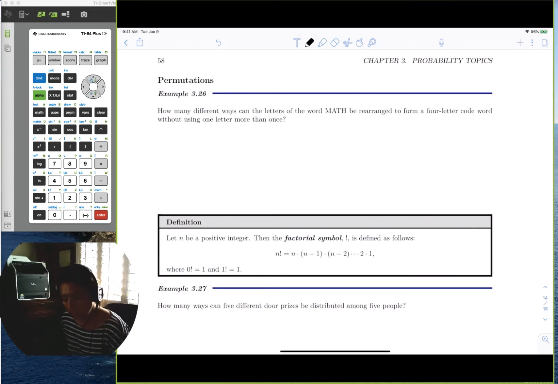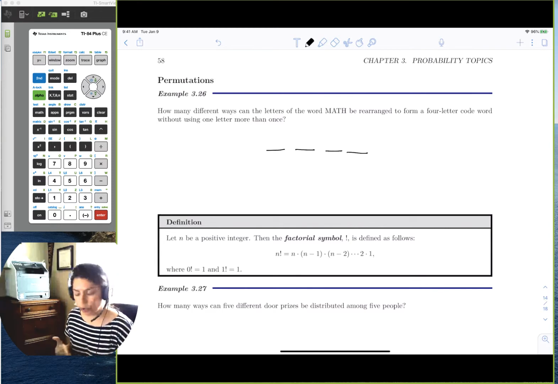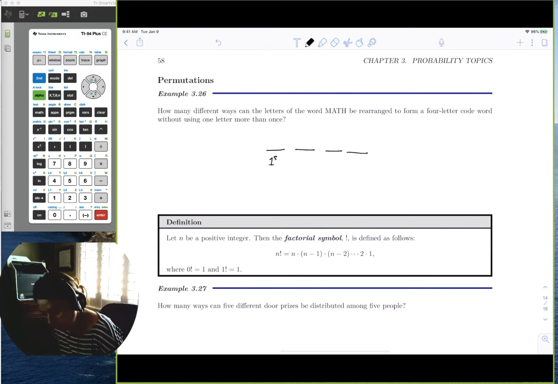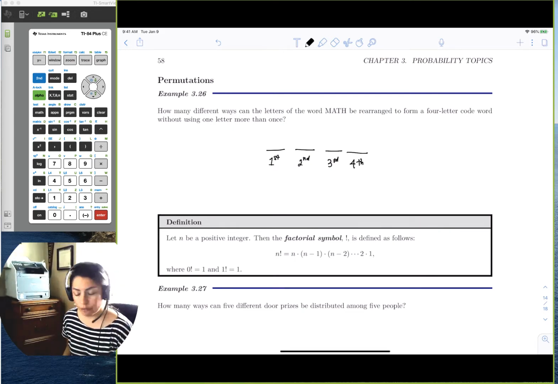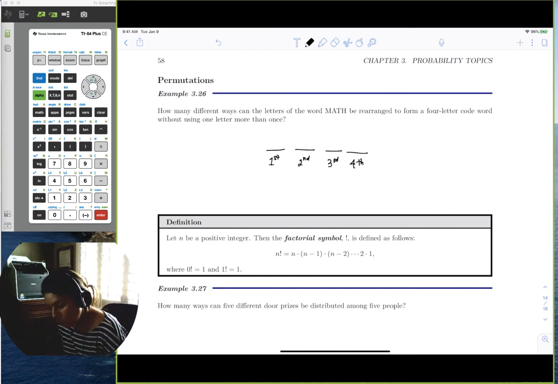Okay, well, if I have 4 letters, M, A, T, and H, and I rearrange them to make a 4-letter code, then I have a first character of the code, the second character, the third character, and the fourth letter of the code.